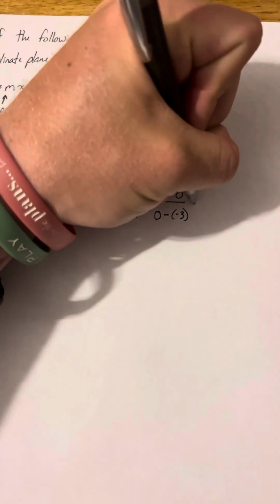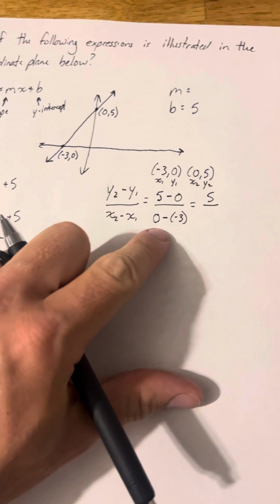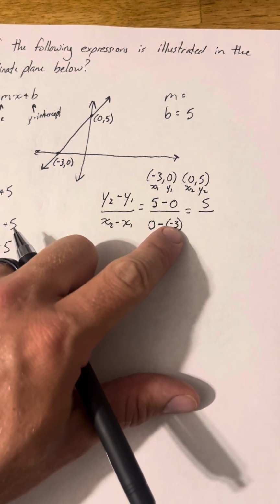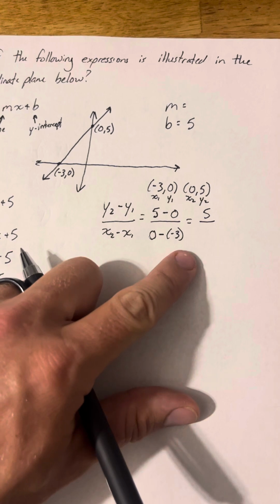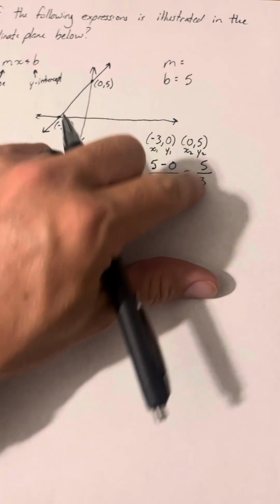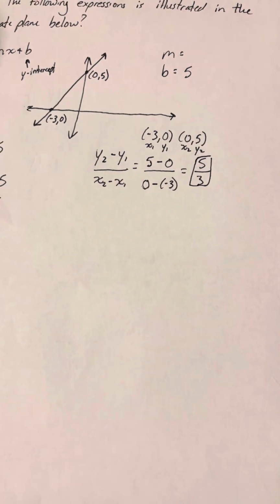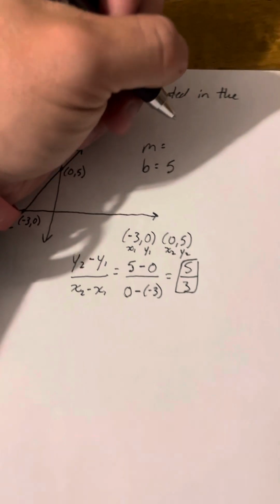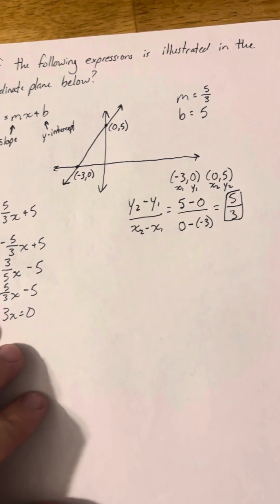So now we're going to simplify top and bottom. 5 minus 0 is 5. And on the bottom, 0 minus -3, remember, back-to-back negatives make a positive. So this is the same thing as 0 plus 3. So that is +3. So that is simplified. So this is my slope then, okay? So I'm gonna come up here and put in for my m, 5 over 3.